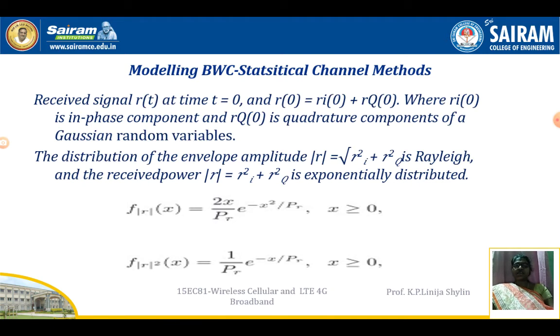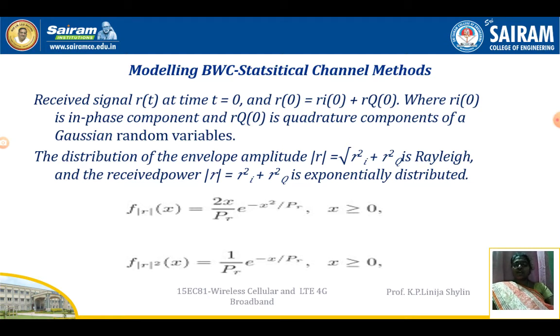Here we will see the received signal. The received signal is represented by R of t, and at time t equal to 0, R of 0 has R I of 0 and R Q of 0. Whenever we take account of the signal, there are two components, the in-phase component and the quadrature component. So R I of 0 is the in-phase component and R Q of 0 is the quadrature component, that is R I of t and R Q of t, but we consider time t equal to 0.